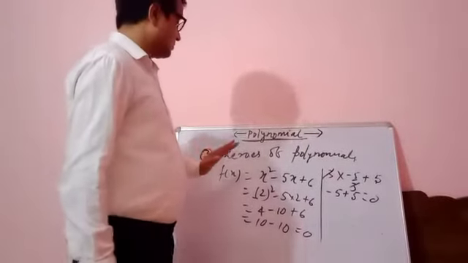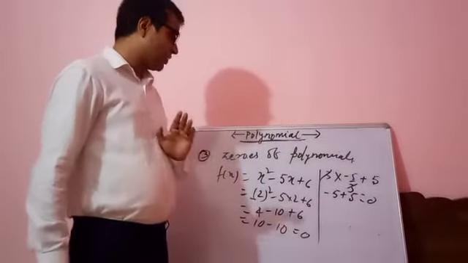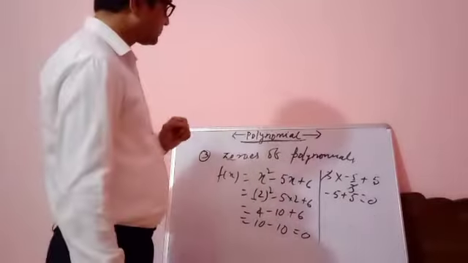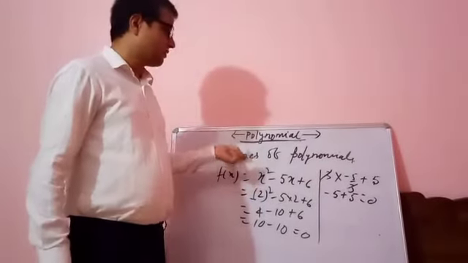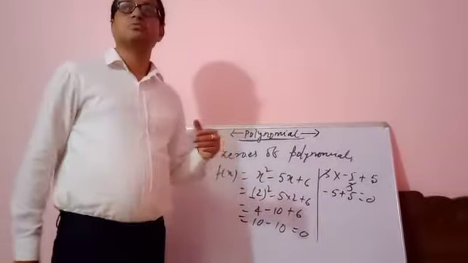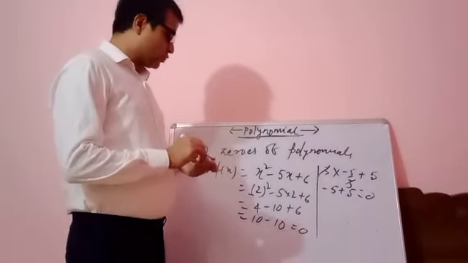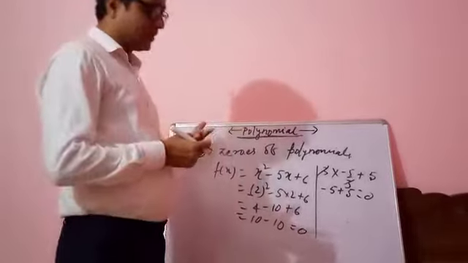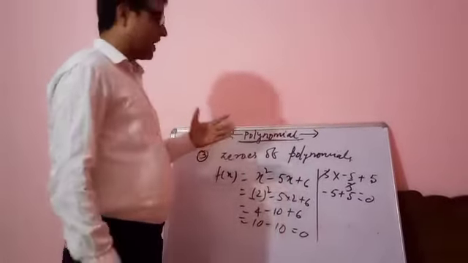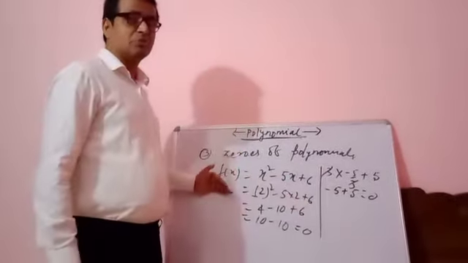So one thing is very important. The very first thing is, we will come to know the number of zeros on the basis of degree. So these two things, and let me tell you here, you will be asked to find the zeros, or the zeros will be given.